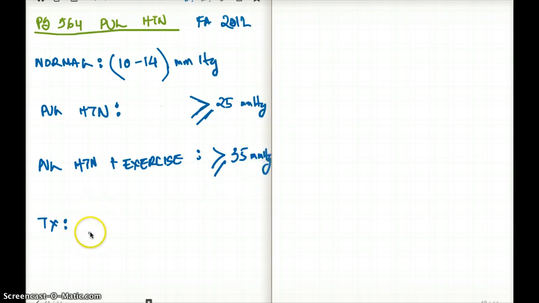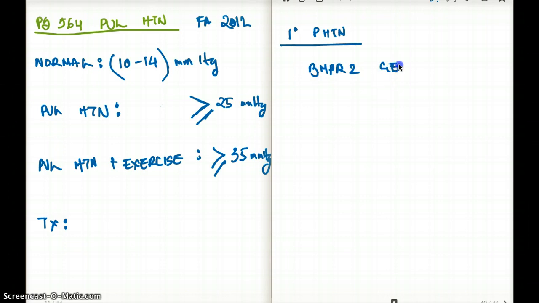Now, how do we treat? Okay, before we go on to treatment, let's talk about primary pulmonary hypertension. Primary pulmonary hypertension happens due to a particular gene called the BMPR2 gene.